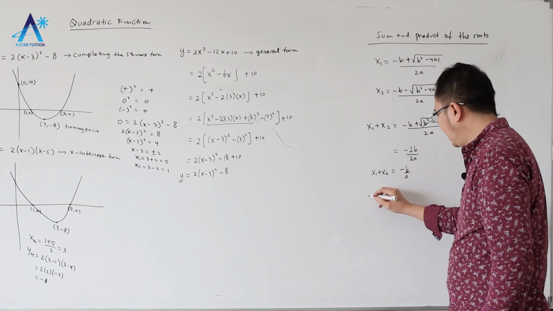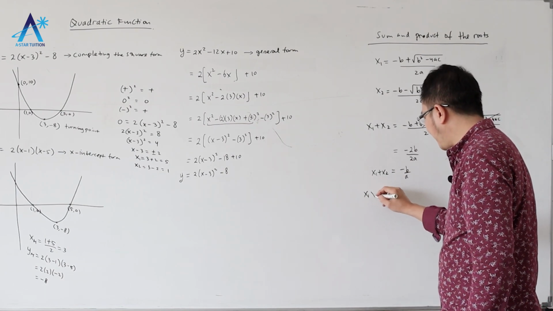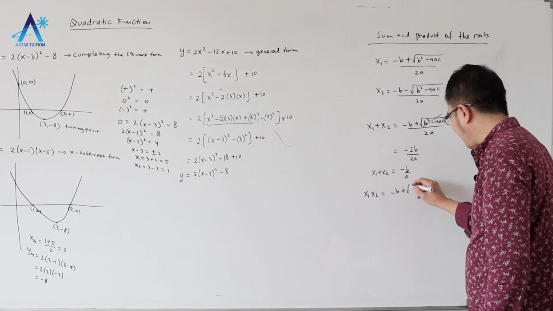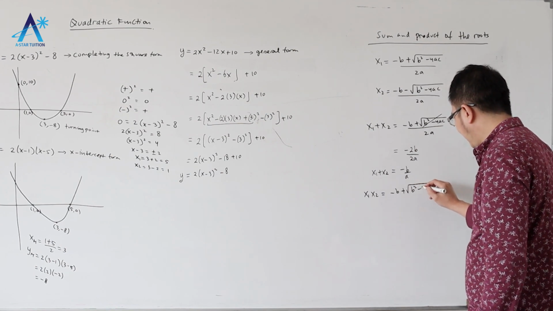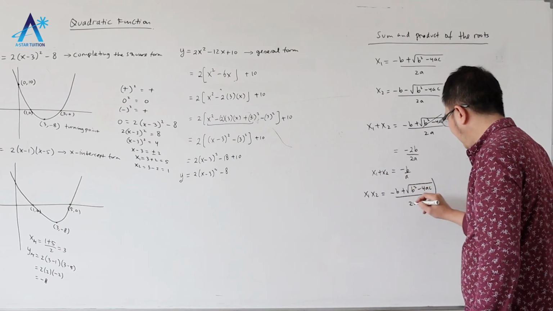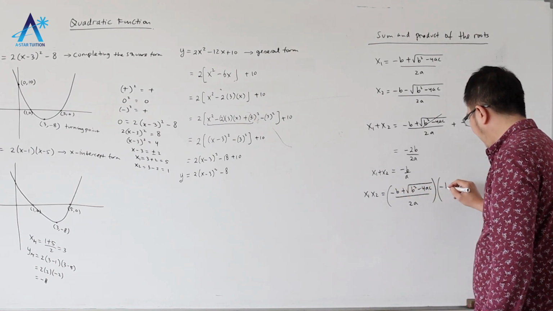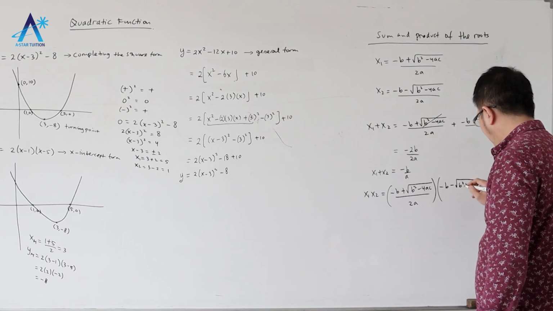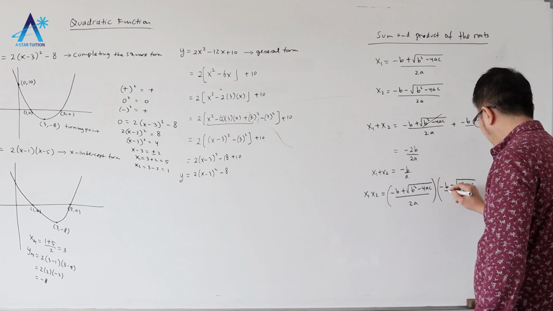In addition to that, the product of these two terms will be negative b plus the square root of b squared minus 4ac over 2a, multiplied by negative b minus the square root of b squared minus 4ac over 2a.